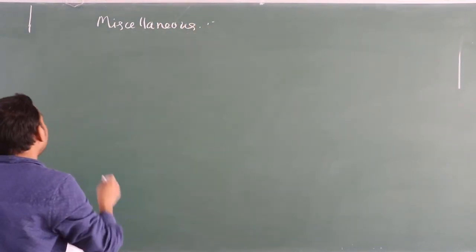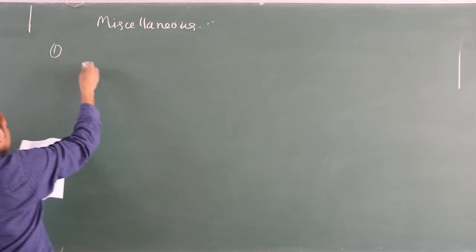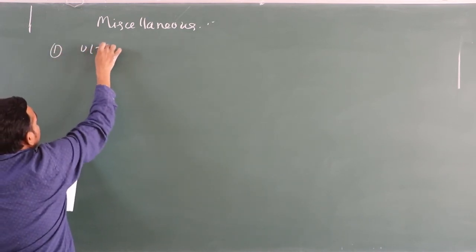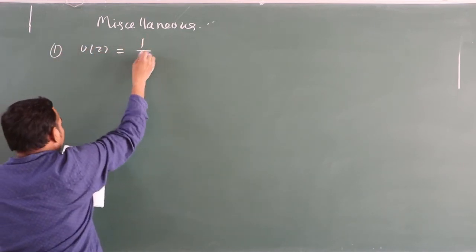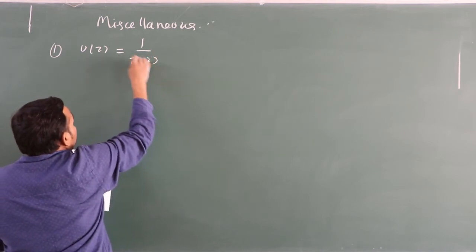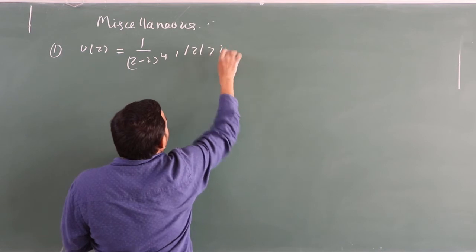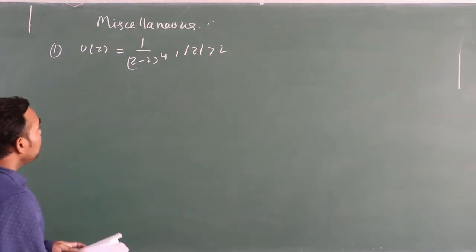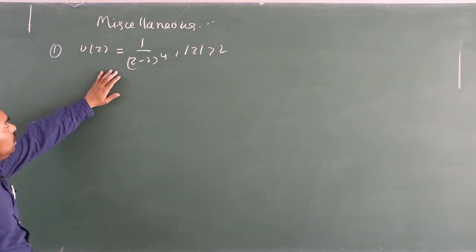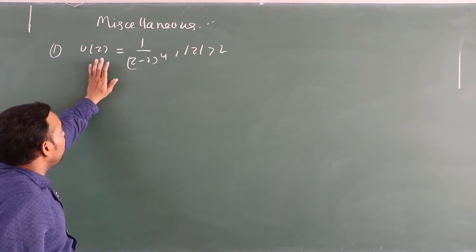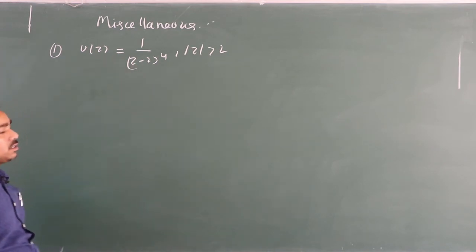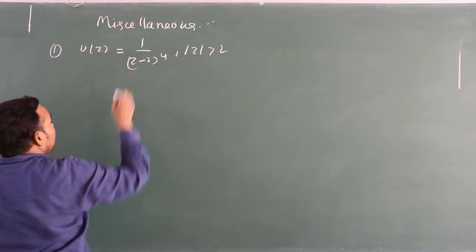Means first is find the inverse z transform of 1 upon (z minus 2) to the power 4, for mod z greater than 2.